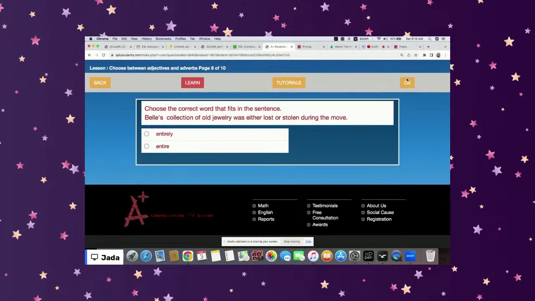Bell's dash collection of old jewelry was either lost or stolen during the move. Entirely or entire collection. So the Bell's entire collection.